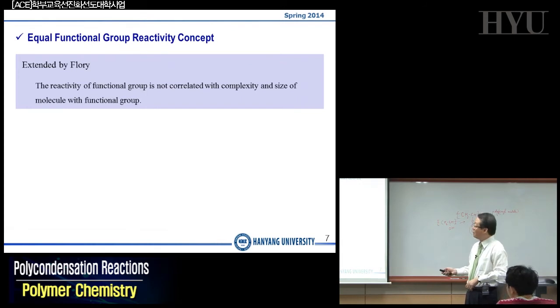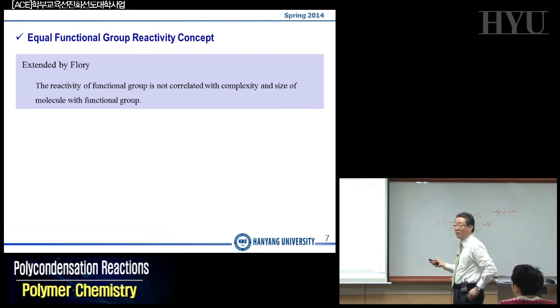At the time, Flory was a professor at Cornell University, and in the 40s and 50s, he thought that the reactivity of the functional group, in our previous case carboxylic acid or hydroxyl group, anyway, the functional group reactivity is not correlated with the complexity and the size of the molecule with the functional group.